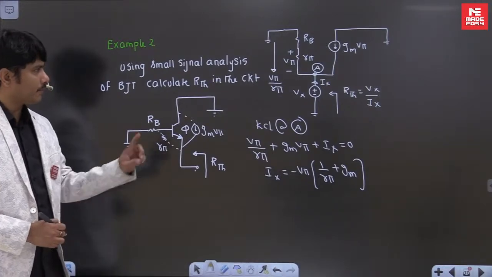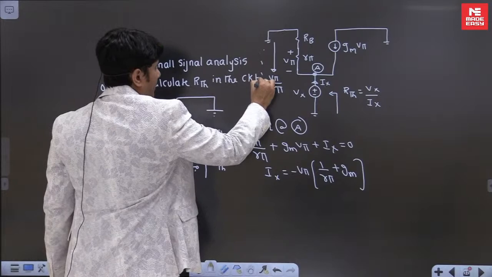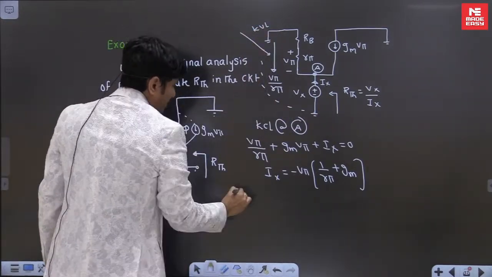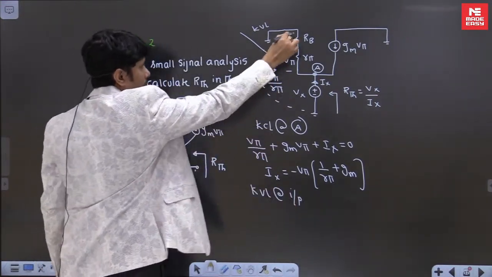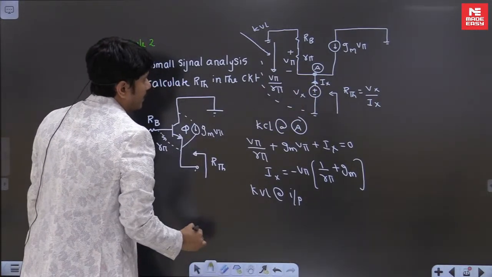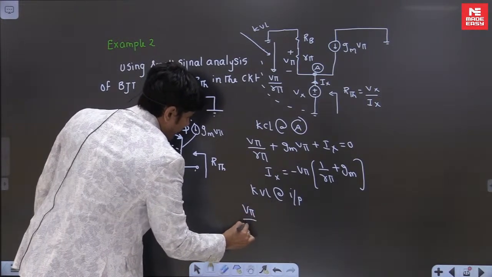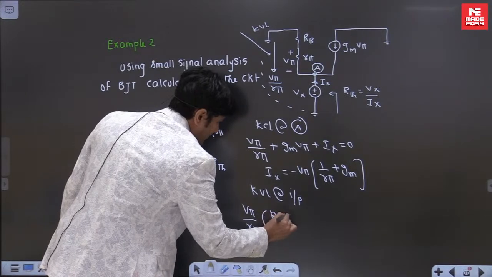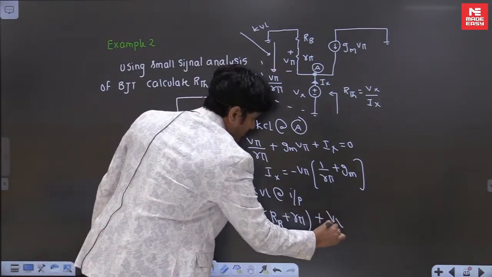So a small relation I found between Ix and minus V pi. But we want the relation between Vx and Ix. What I do is one more step: can we apply KVL here? If you apply KVL at the input loop, the total voltage drop should be equal to 0. That is, V pi by R pi into RB plus R pi, plus Vx should be equal to 0.